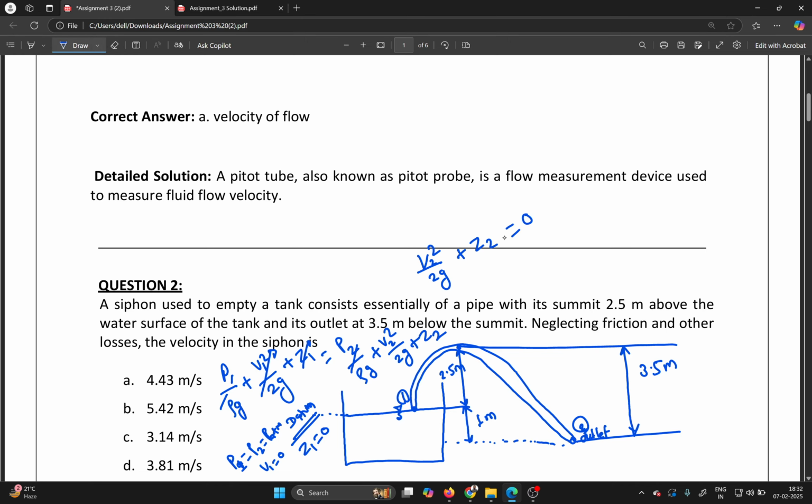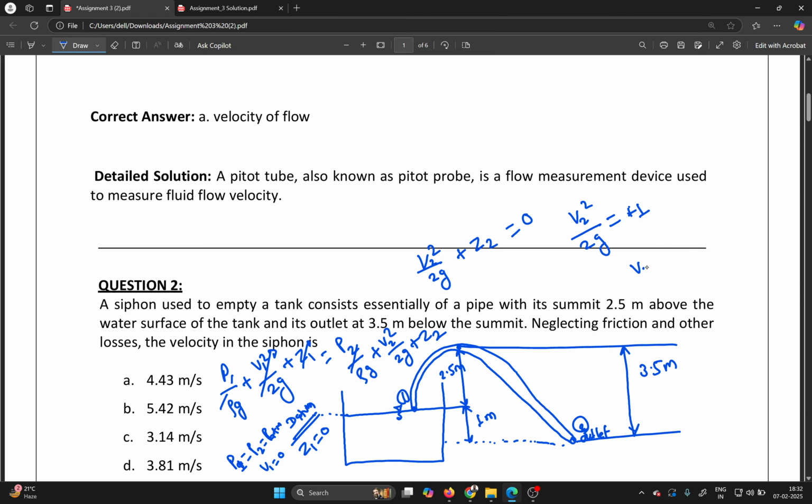The remaining part is V2 squared by 2g plus Z2 equals 0. If this is the datum, when you go downward Z2 is minus 1, so V2 squared by 2g minus 1 equals 0, and on the other side it becomes plus 1.